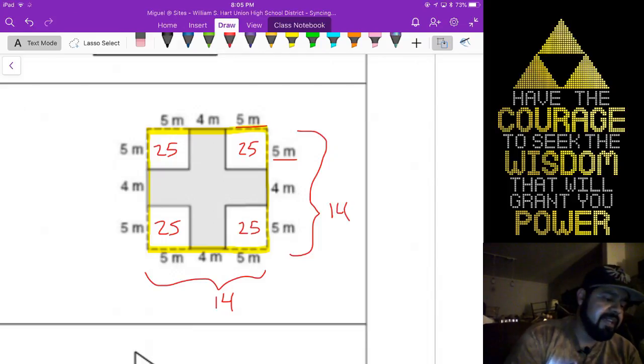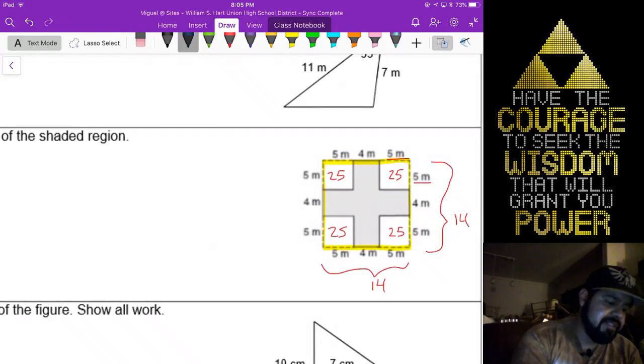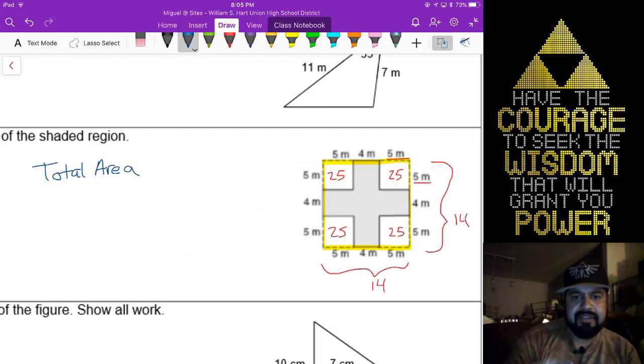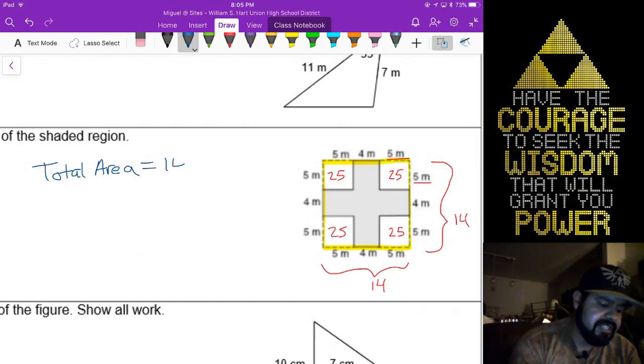So ideally what I'm trying to do here is say the total area minus the unshaded area. So that's going to be 14 times 14, which is 196.